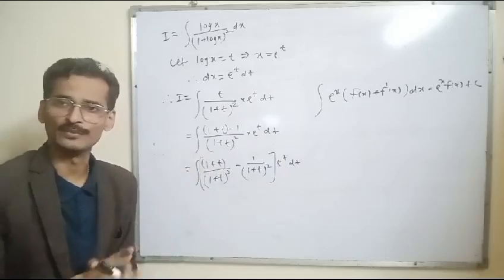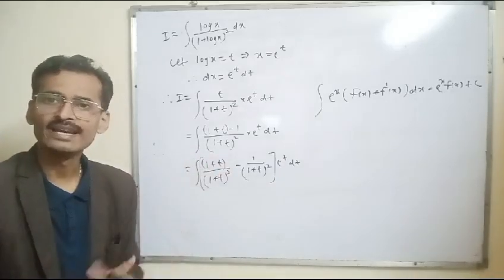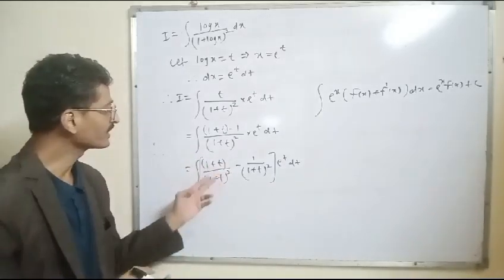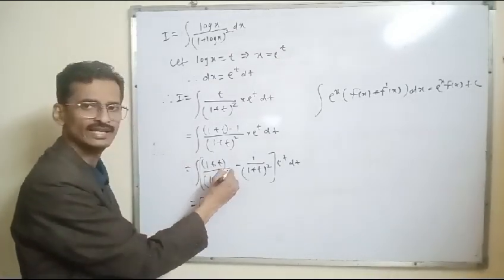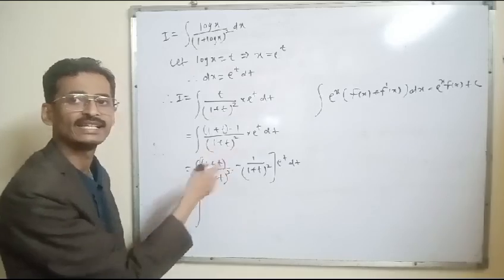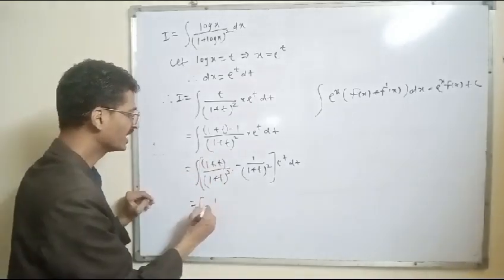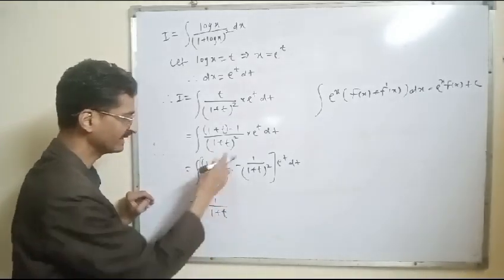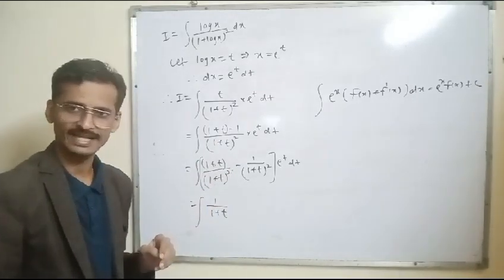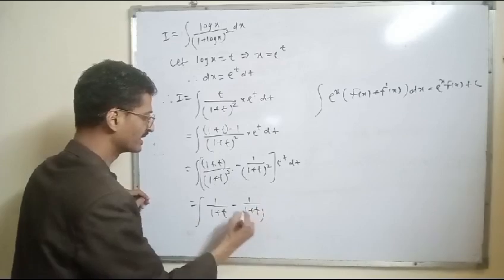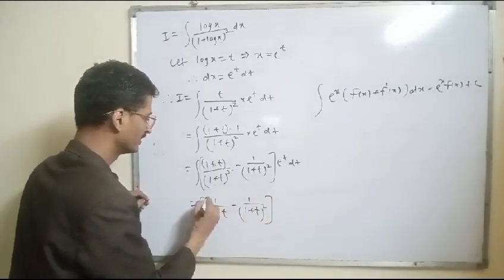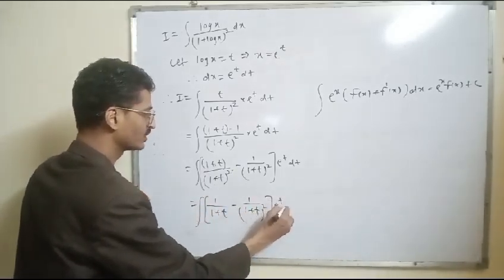So now there are two terms which we want, f of t and f dash of t. So first simplify this. 1 plus t and 1 plus t square, that means x upon x square. We can cancel one x. So the remaining part is 1 upon 1 plus t. 1 plus t gets cancelled. Minus 1 upon 1 plus t whole square. And this is e raised to t dt.